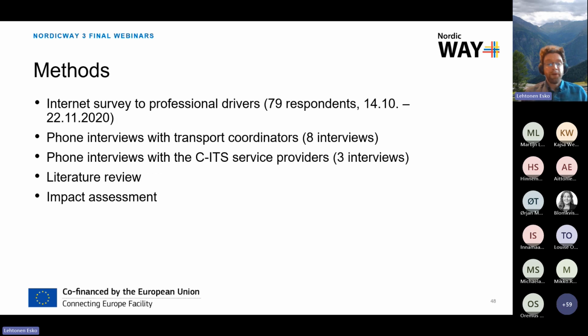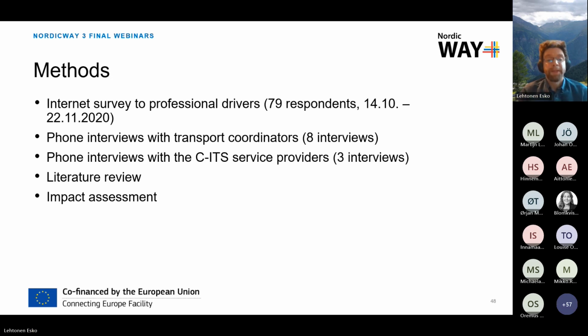We used the following methods in this study. We made an internet survey to professional drivers. We got 79 respondents. It was a little bit difficult to reach those professional drivers first via internet survey, but via different kinds of networks, we managed to get quite a nice response rate after all.